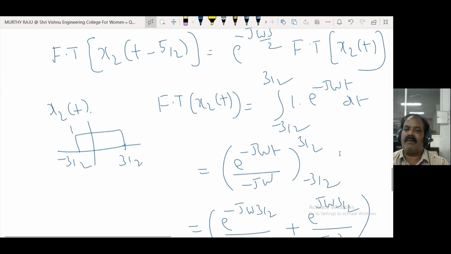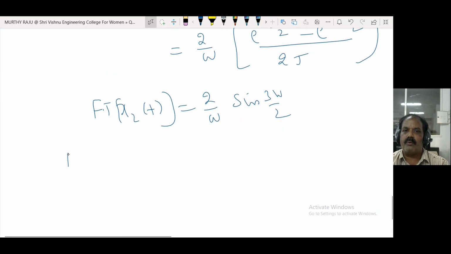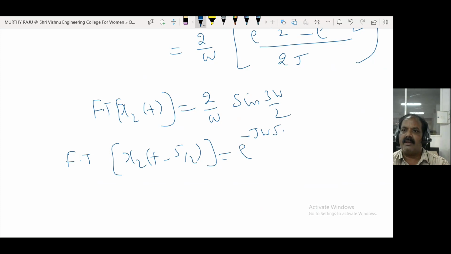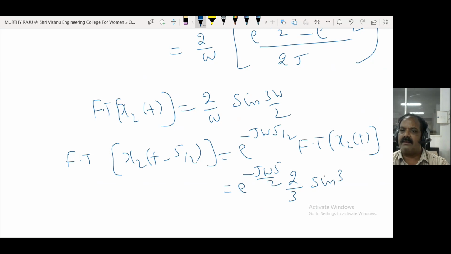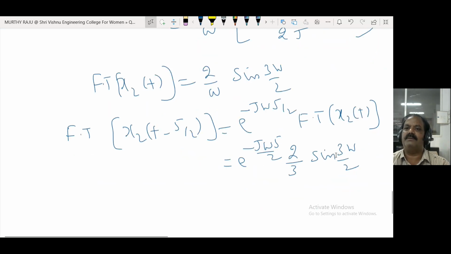Therefore, the Fourier transform of x2 of t minus 5 by 2 is e power minus j omega 5 by 2 times the Fourier transform of x2 of t, which is 2 by omega sine 3 omega by 2.